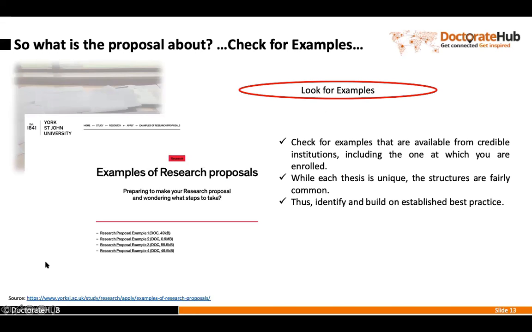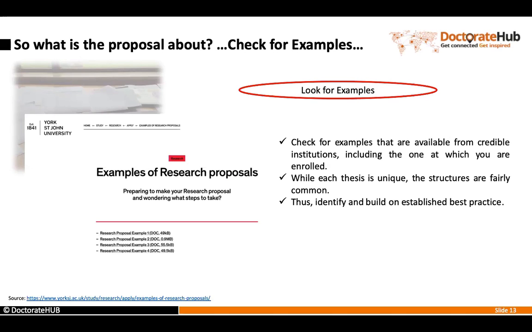So now one of the things that one might want to do, besides looking into guidelines on how to build up a thesis proposal, is to look into examples of research proposals, and ideally commented examples that are made available from university repositories, and not necessarily student examples, because for one, research proposal examples from students are more difficult to find because they're early works.